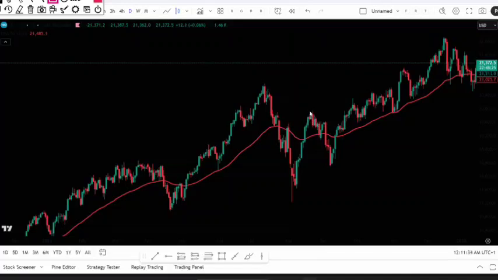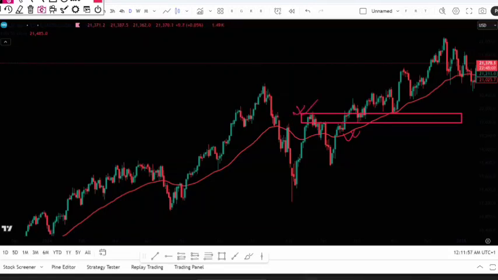But this is the important level, yeah. This is the previous resistance. When the market breaks it, it turns to support. Now we are searching for the EMA and this zone coming together.